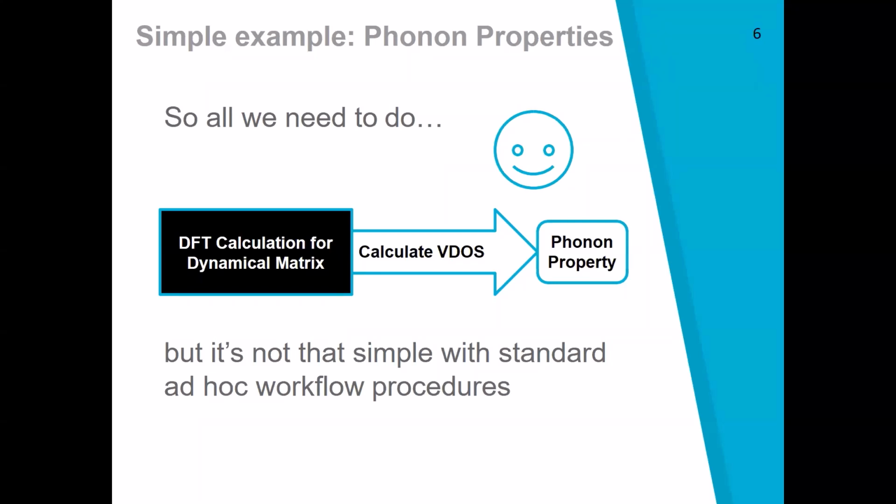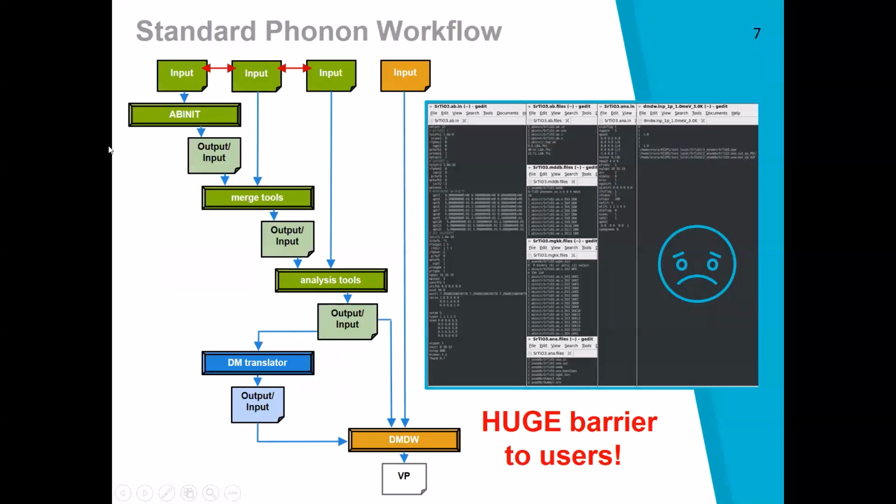And that's all you need to do. That might be passed to FEFF in the end, but in reality, it's much less simple than that. It's not that simple. And this kind of shows the problem here. A standard phonon workflow using ABINIT and DMDW has 4 different input files, right? And they all have different formats and things like that.